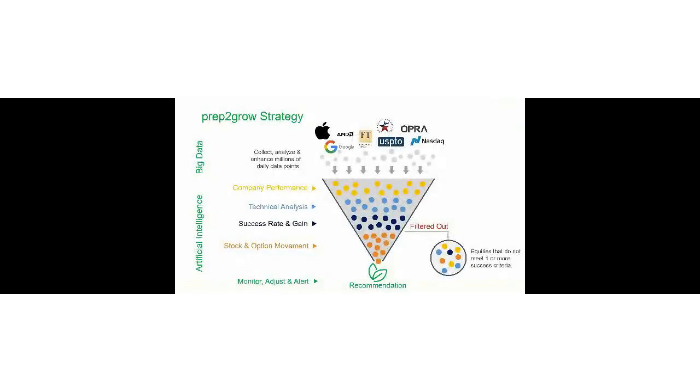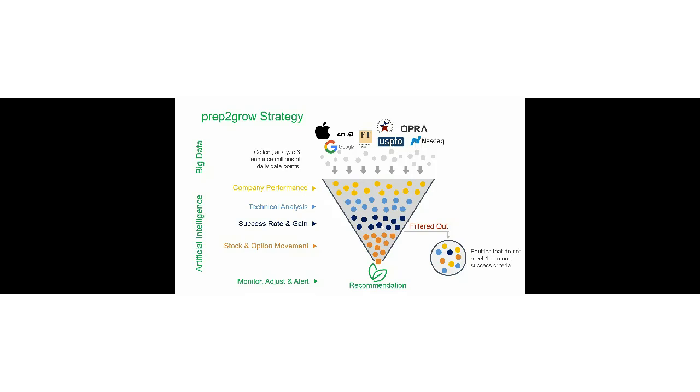So what is the Prep to Go strategy? How do we come up with our recommendations? It's a bit of a busy screen, but let me quickly walk through it. Every single minute, every single day, we're collecting millions of daily data points from literally thousands of sources.